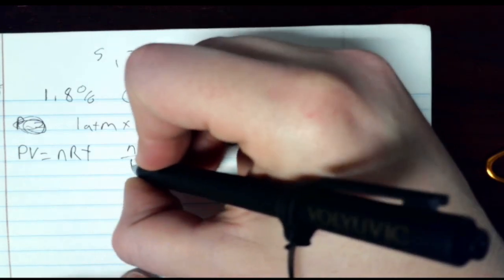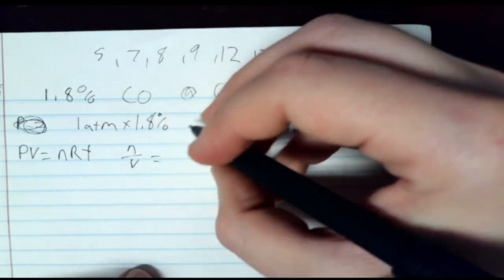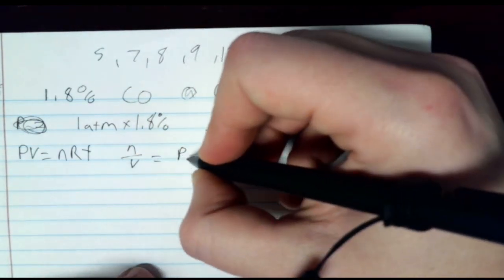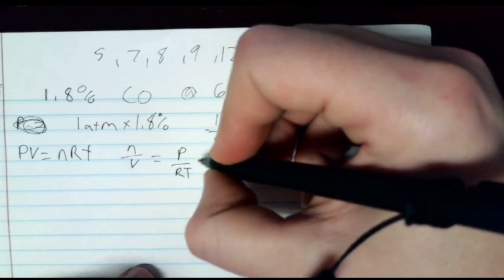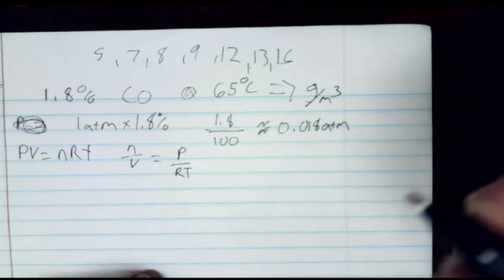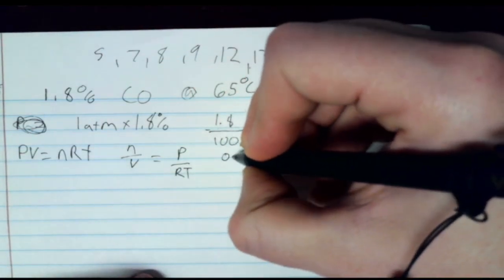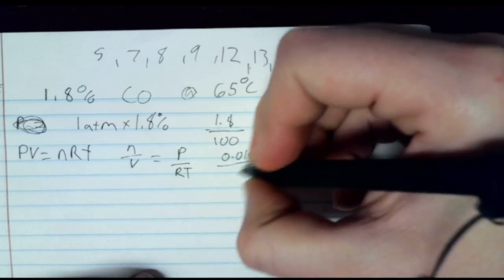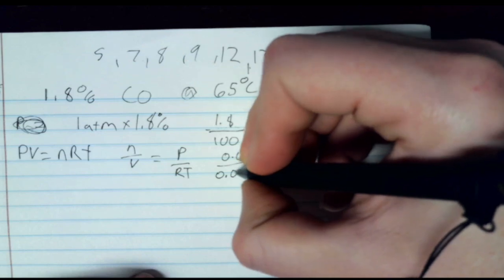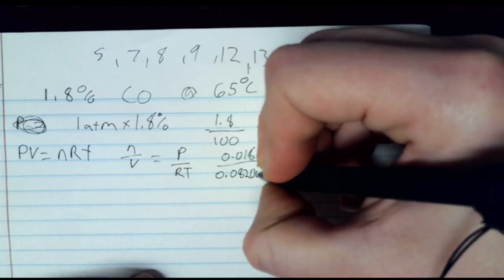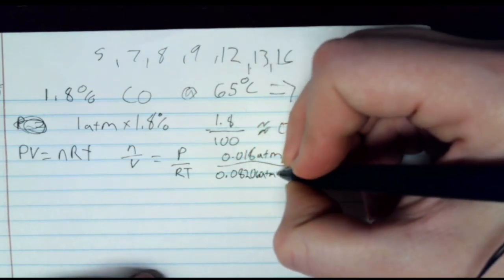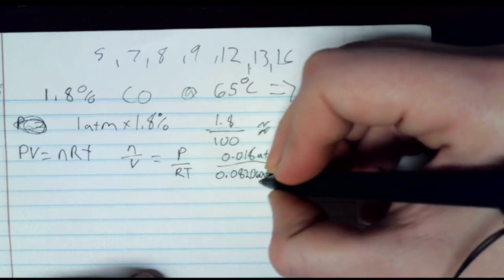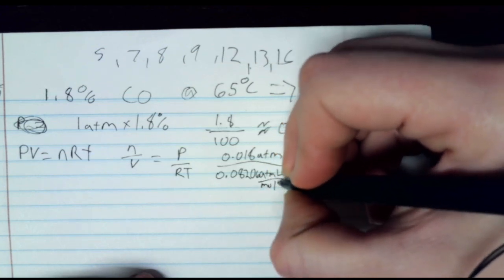Now, the ideal gas equation is PV equals nRT. So to get molarity, we need n over V. With that in mind, P divided by RT is equal to n over V. So we have a pressure, 0.018 atm, and R, in the units of atmospheres, 0.08206 atm liters per mole Kelvin.